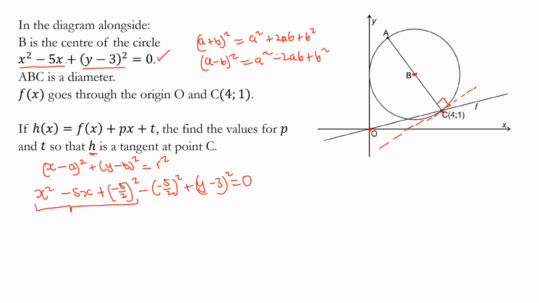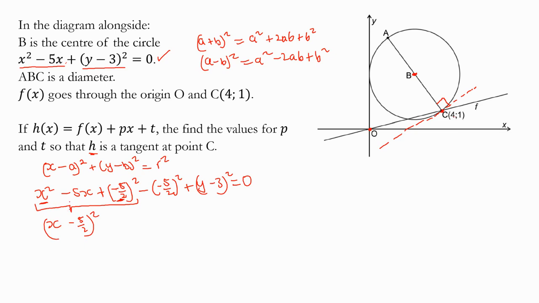You just take this x here and then this number here with its sign. So it's going to be (x minus 5 over 2) squared like that. You can expand this if you want, and you will see you get this.